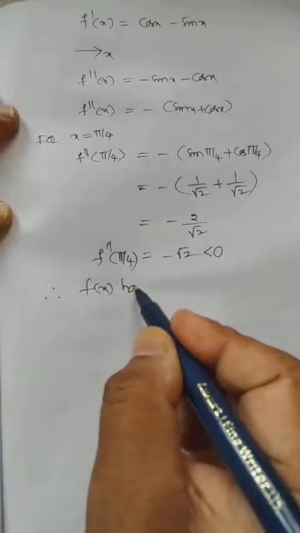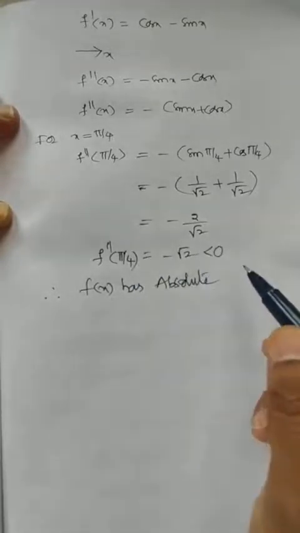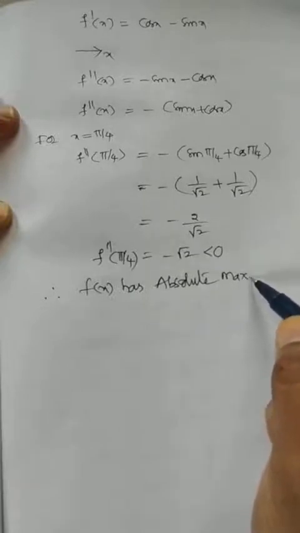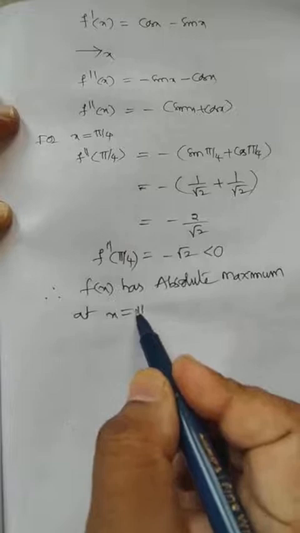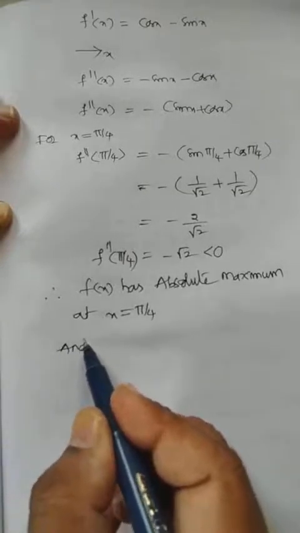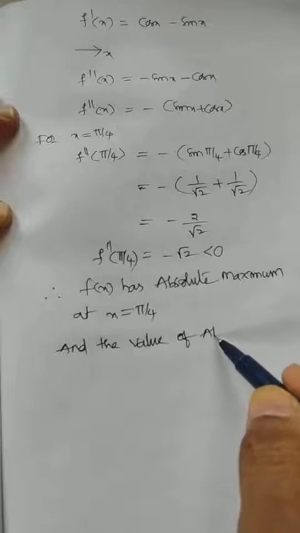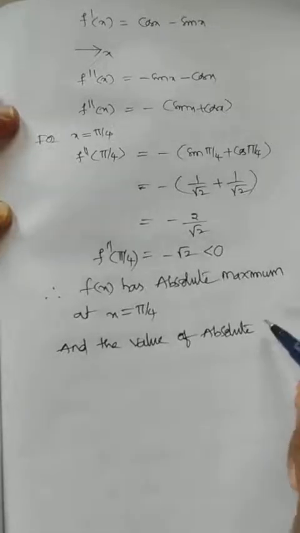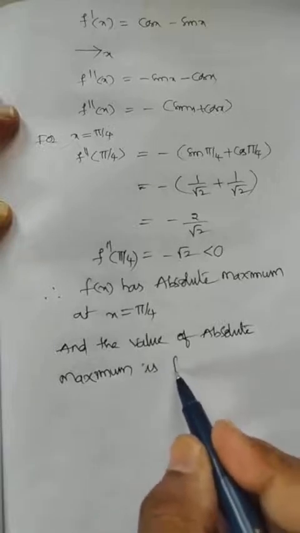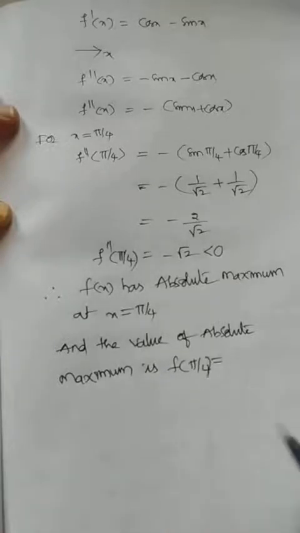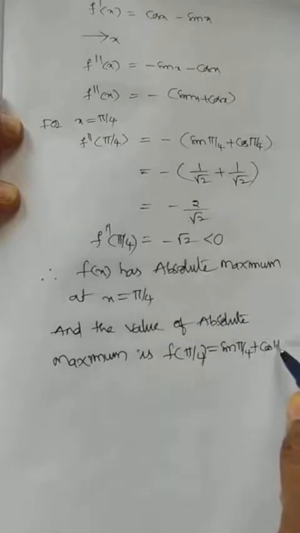F of x has an absolute maximum at x equals pi by 4, since f double dash is less than 0, and the value of the absolute maximum is f of pi by 4, that is sin pi by 4 plus cos pi by 4.